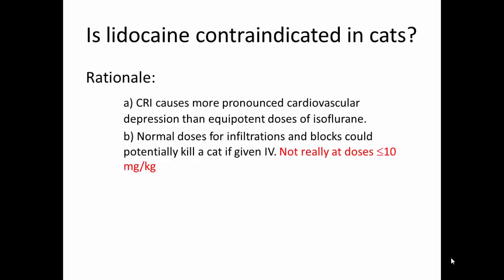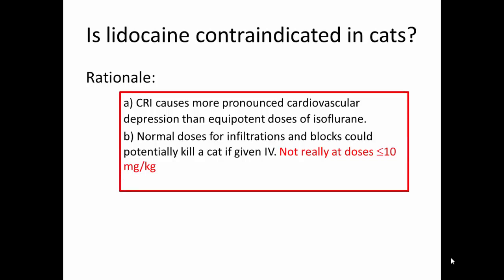The rationale is that constant rate of infusion of lidocaine causes more pronounced cardiovascular depression than an equipotent dose of isoflurane, and also that normal doses used in infiltration and blocks could potentially kill a cat if this was given IV. And this is not really the case if you don't exceed the therapeutic doses, which are usually below 10 milligrams per kilogram.